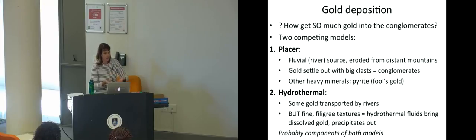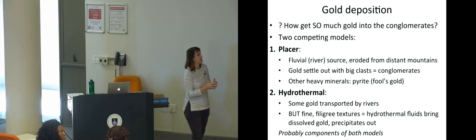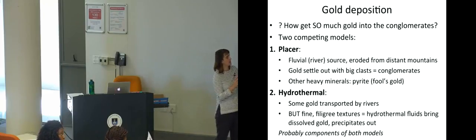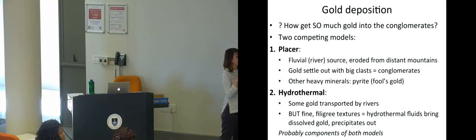And we talked about how we've got so much gold in this Witwatersrand Basin. There are basically two models. There's the placer model, and placer is a term that refers to the fluvial transport and concentration of the gold, which is by rivers, and that the rivers were eroding this distant source and accumulating the gold.